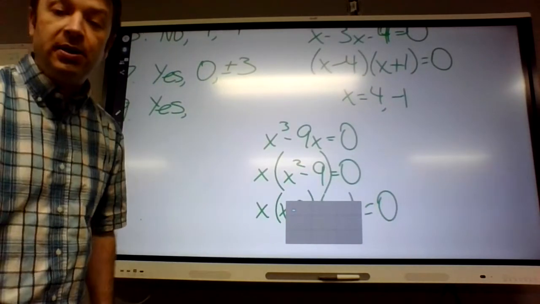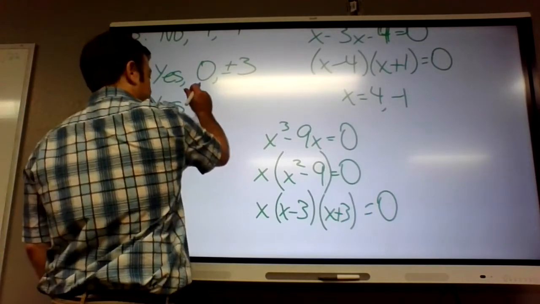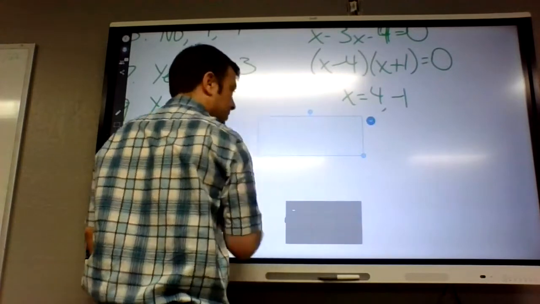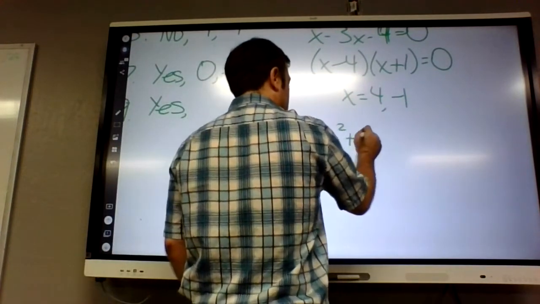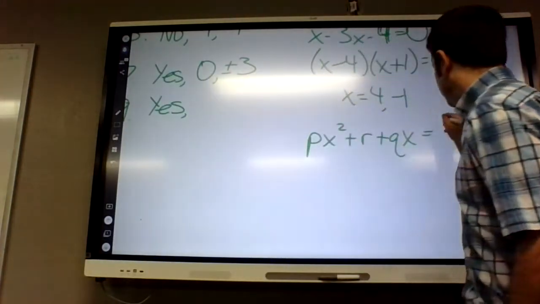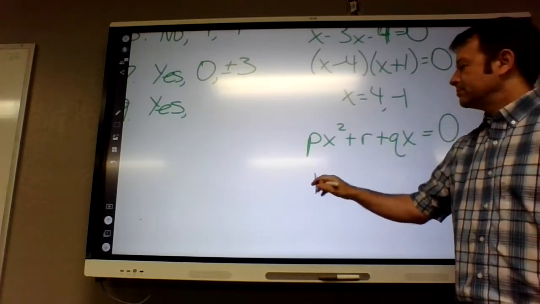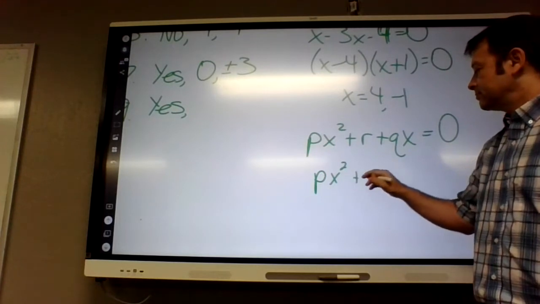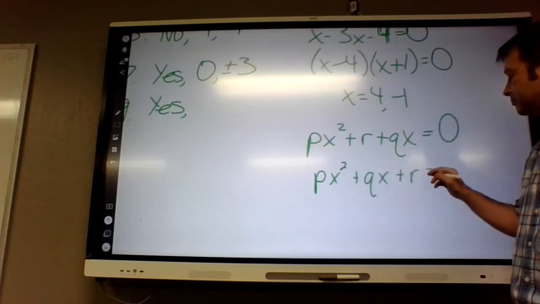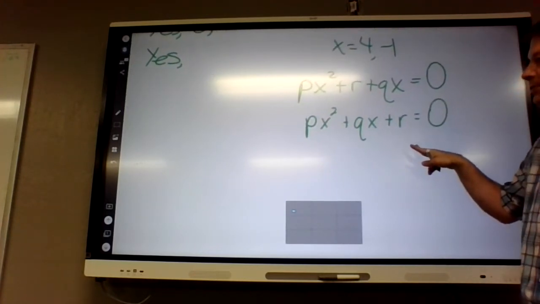Okay, number 9, px squared plus r plus qx. And let me put this over here. Alright. Any ideas? And set it equals 0. No bright ideas? Can I actually solve this all the way down to numbers?